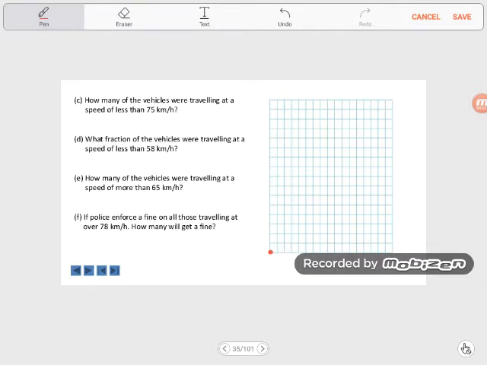So 40 to 50, 50 to 60, 60 to 70, 70 to 80, 80 to 90, 90 to 100.